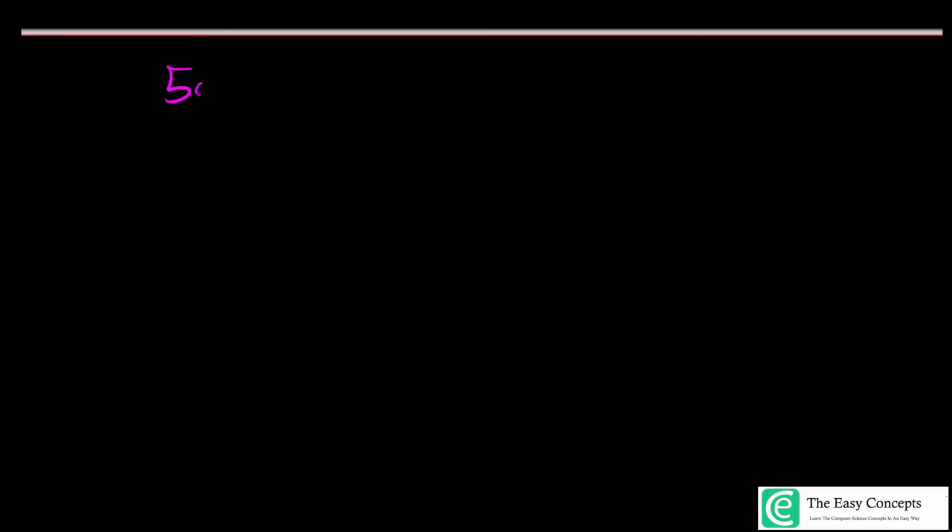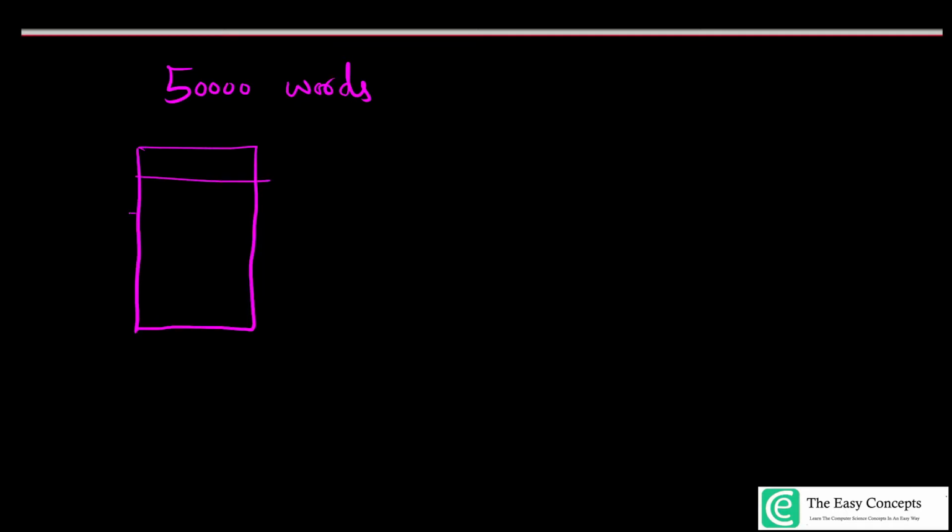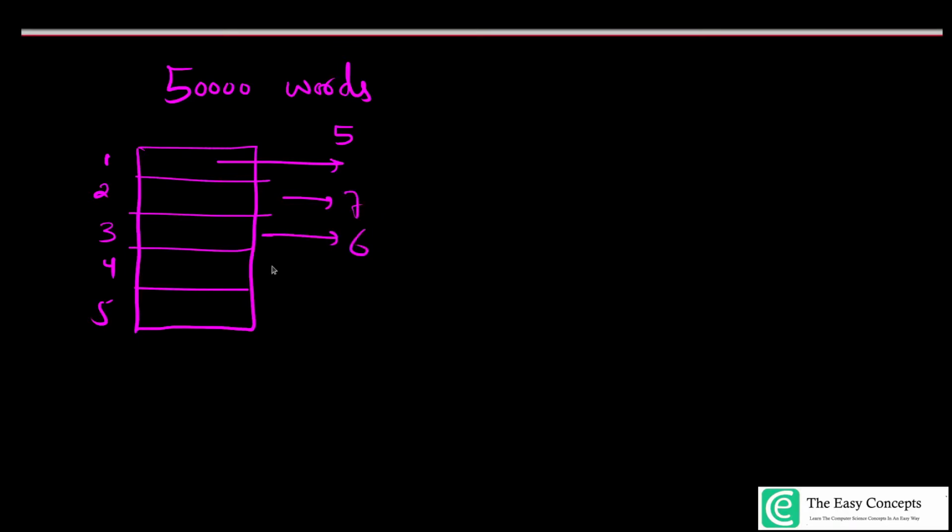So you have 50,000 words. You can create a list of 50,000 words, and let me talk about only the first 5 words maybe. So you can pick the first word, and suppose it has length of 5, the next has length of 7, then length of 6, then length of 3, and then length of 2.